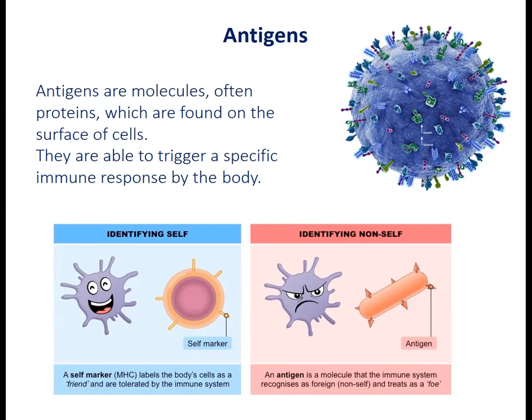In other words, they don't belong in the body. Whereas your own cells that obviously do belong in your body, they have antigen markers that tell the immune system that they belong there. So there's self antigens and non-self antigens.